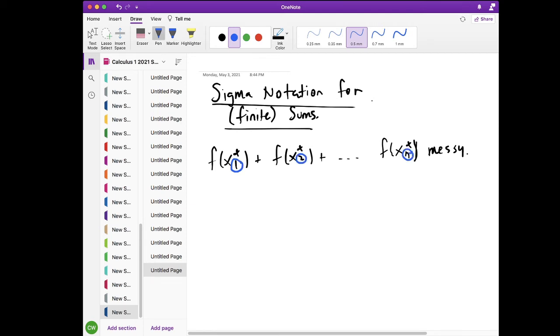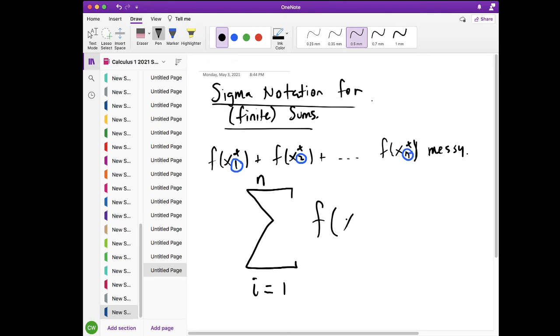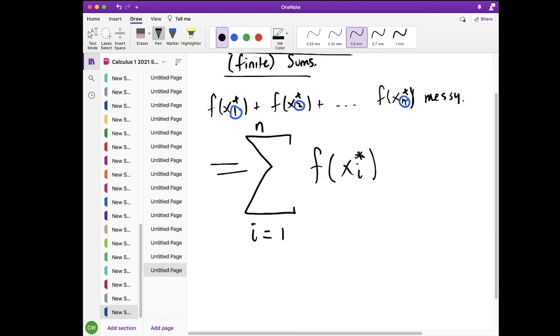Everything else is staying the same. So we're going to introduce a new notation to turn this whole sum into one expression. So this is what it's going to be, and then we'll explain every single part of the symbol. Okay, so that's what this is going to be equal to.